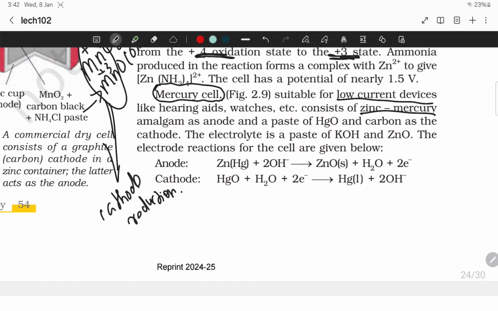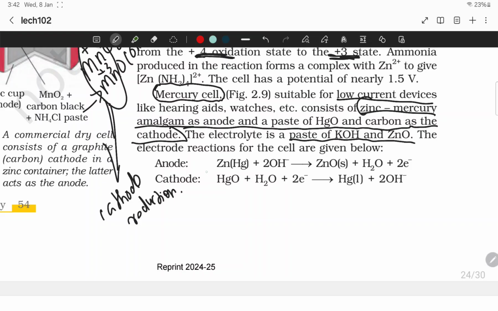It is a zinc-mercury amalgam, Zn(Hg), and a paste of HgO and carbon is the cathode. The electrolyte is a paste of KOH and ZnO.